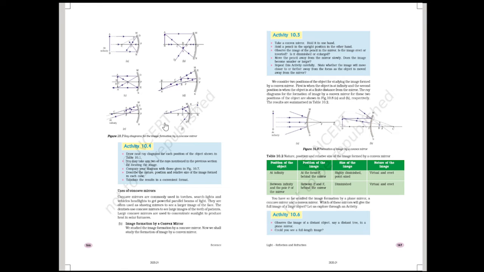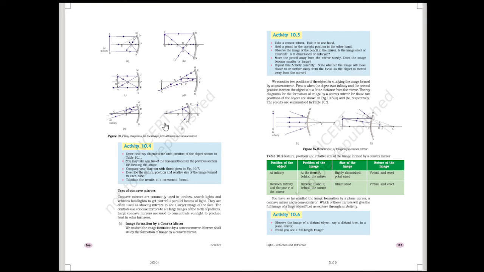Now image formation by a convex mirror. That is the B part. In the first part we did image formation by a concave mirror. Now it comes to the convex mirror. A convex mirror has only two cases, represented in figure 10.8.